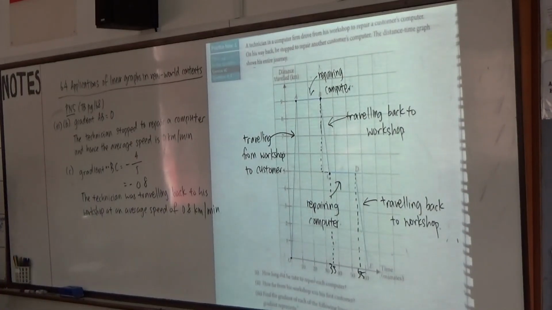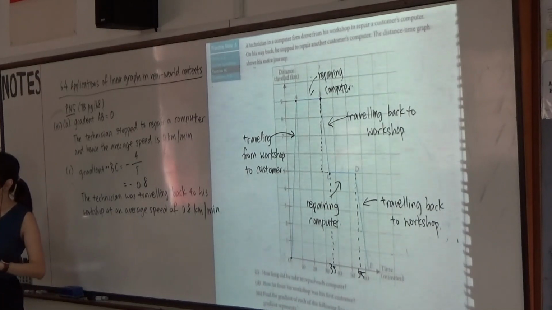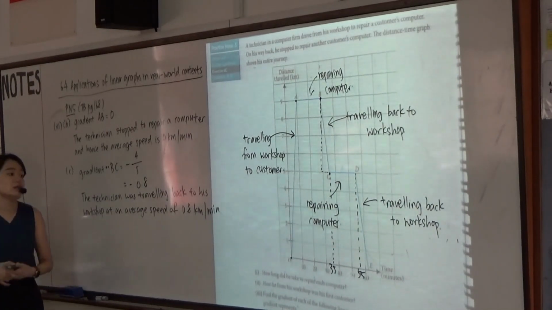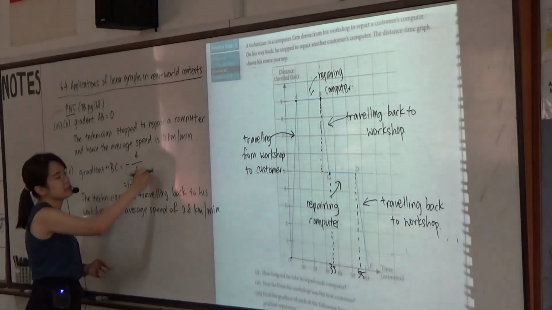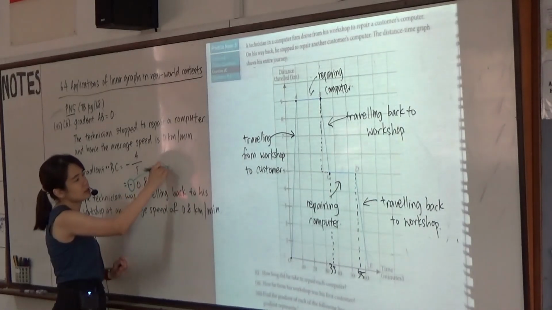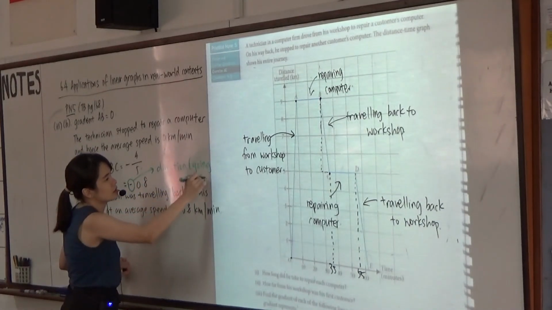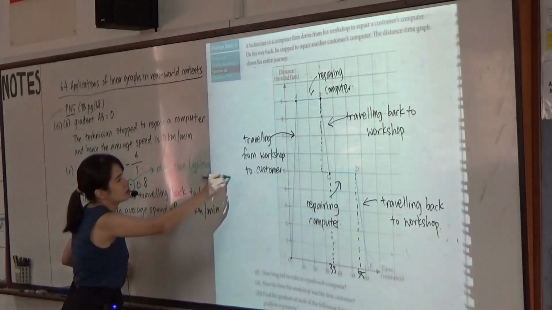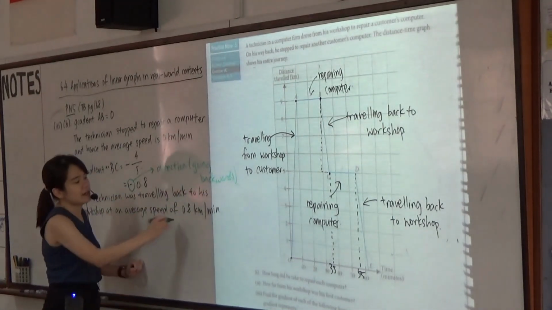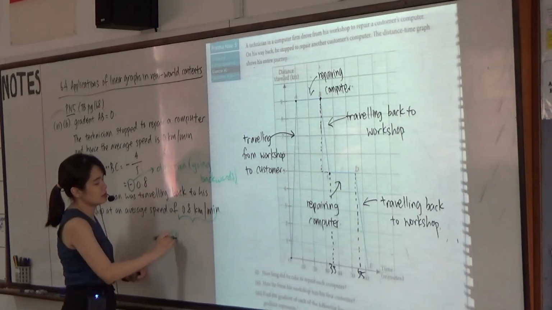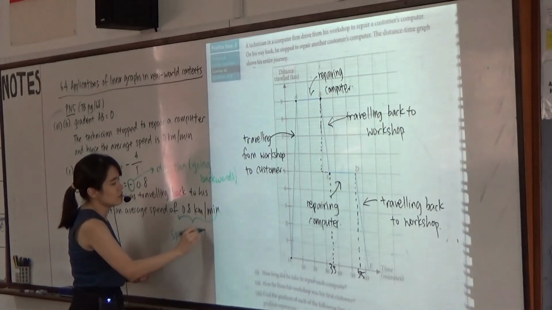While the gradient is negative, the negative actually tries to tell you the direction of the movement. It is not saying that the speed is negative, because we know at this juncture speed cannot be negative. So this negative sign is to tell us the direction of going backwards. But for speed itself, it's always positive.